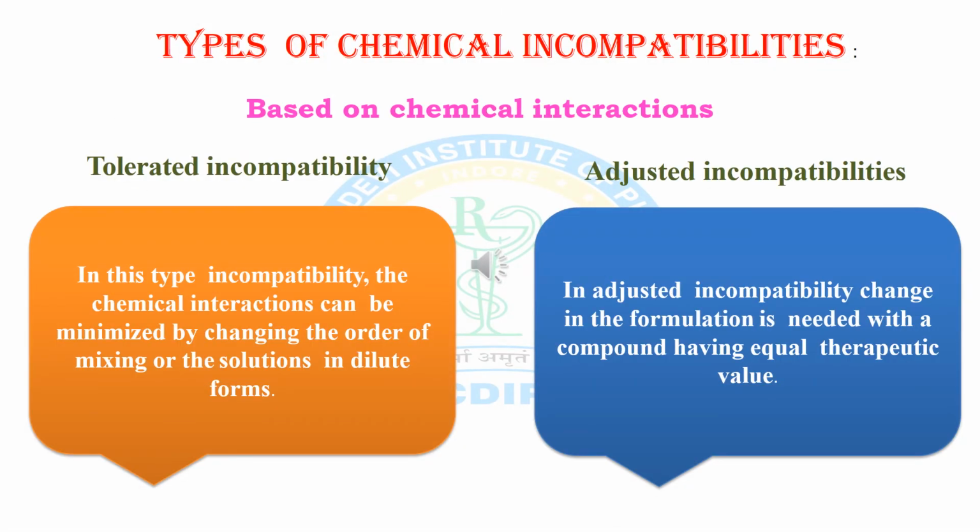Now, chemical incompatibilities can be classified into two parts on the basis of chemical interaction. First is tolerated incompatibility and second is adjusted incompatibility. In tolerated incompatibilities, the chemical interaction can be minimized by changing the order of mixing or mixing the solution in dilute form, but no alteration is made in the formulation.